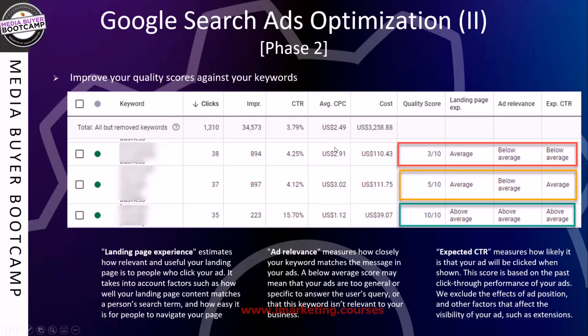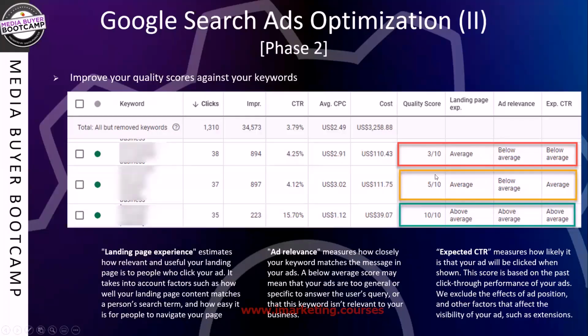But even then, you can see we're still beating the industry average. We've got 4.25, 4.12 here, and 15.7 over here. This one is really doing well because essentially it's a branded keyword. It's the name of the business that we're promoting here. So you can see that everything is above average. And I've given you the exact term, so you can refer to this afterwards.